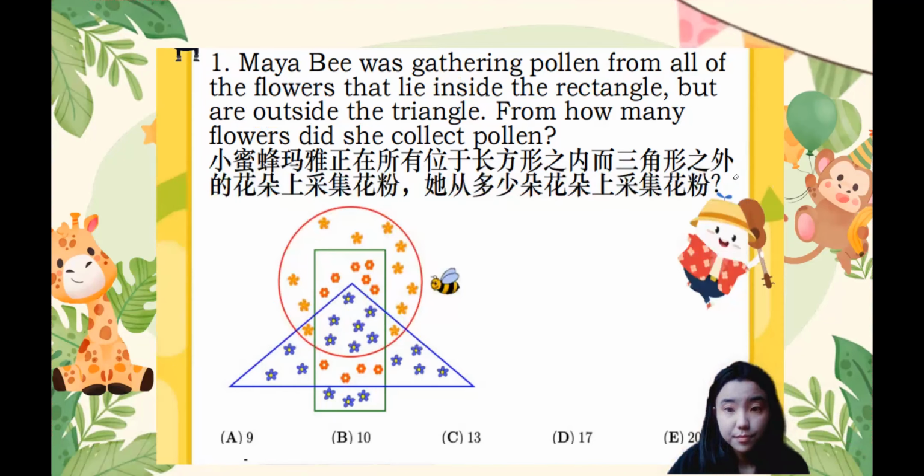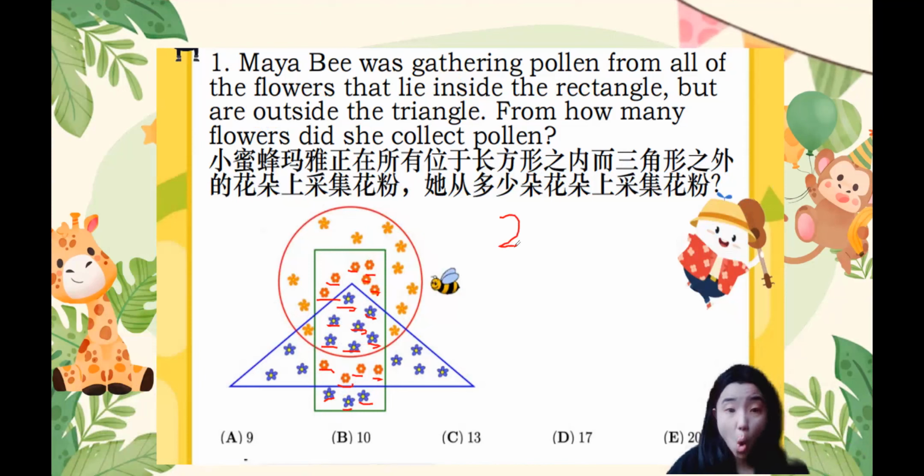Okay, so how many flowers are inside the rectangle? Let's look at them row by row. After we count a flower, we need to leave a mark to make sure we have no missing and no repeating. 1, 2, 3, 4, 5, 6, 7, 8, 9, 10, 11, 12, 13, 14, 15, 16, 17, 18, 19, 20.